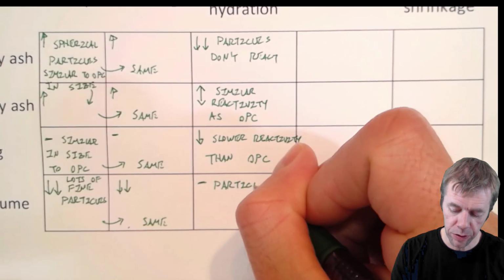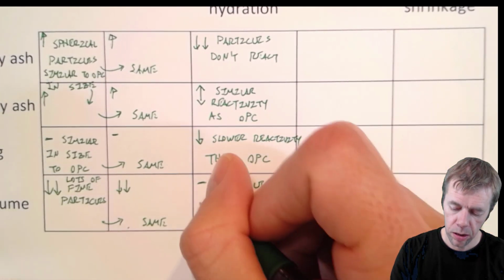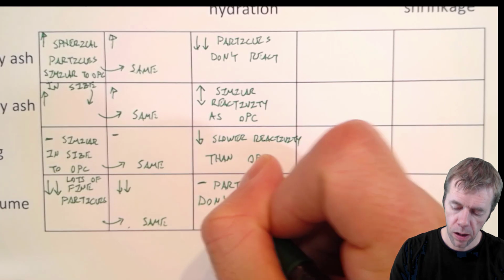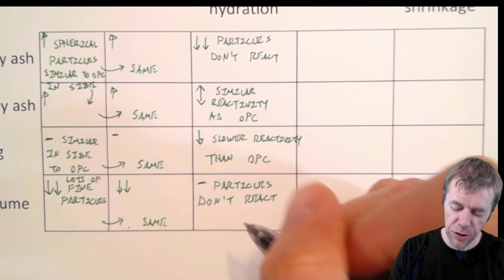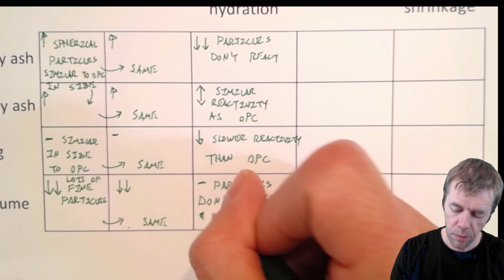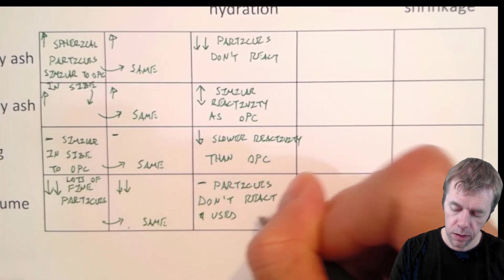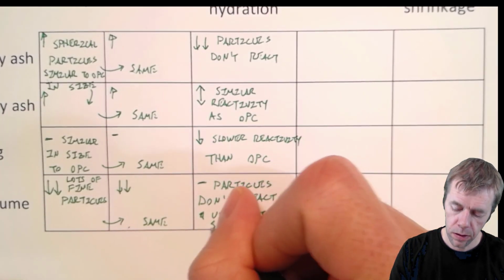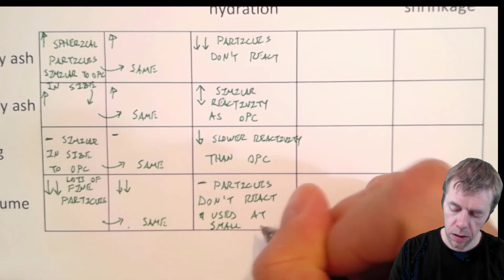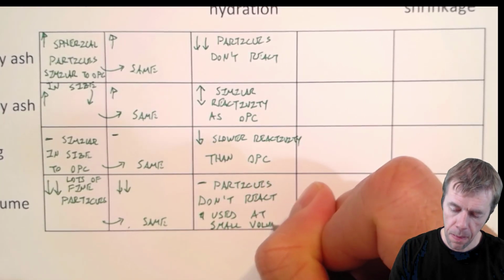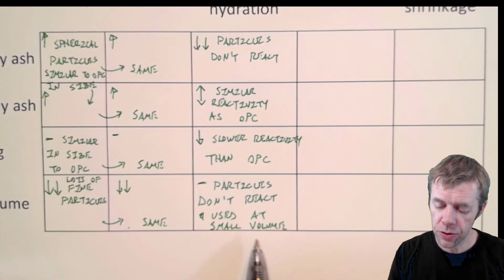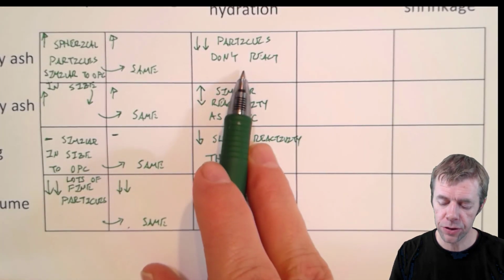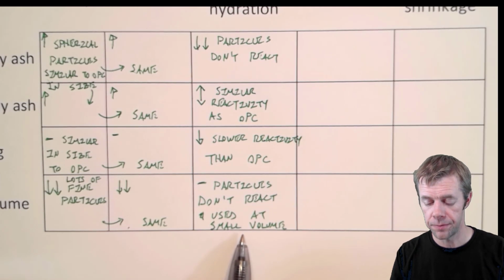They're pozzolans, remember? And it's used at a small volume. So silica fume is somewhat similar to Class F fly ash. There's just not as much of it.